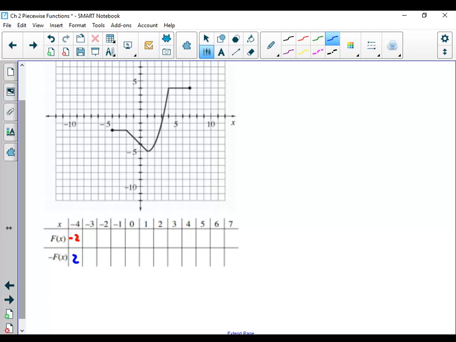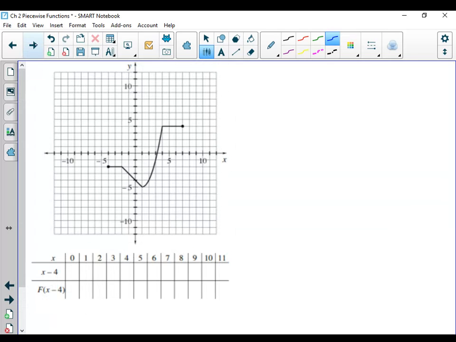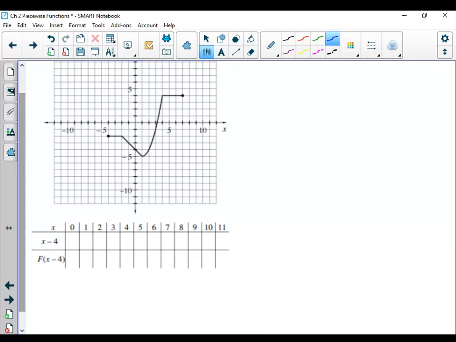The second one, you'll be taking half of the original output. The third one, you'll be doing 4 more than the original output. The last one seems to cause people problems, so let's go through what they're wanting you to do, because it looks a little bit different than the others. First of all, they say, here are some x values.